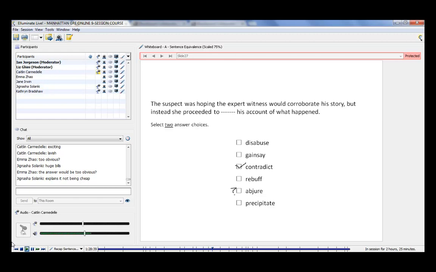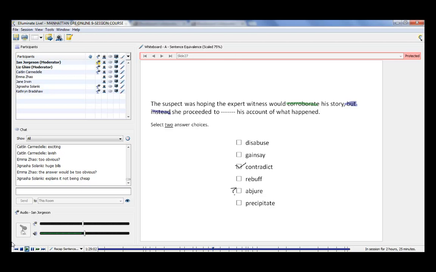So I used but as the pivot, and corroborate means that he was hoping that she would agree with his story. So she didn't agree, so it's the opposite of corroborate. Yeah, good. The opposite of corroborate, and contradict is great. That's perfect.